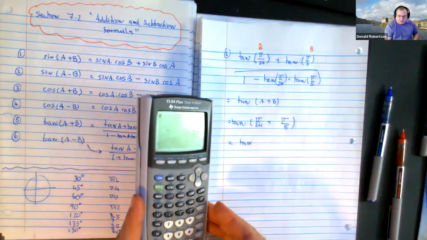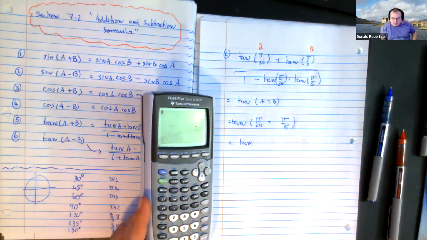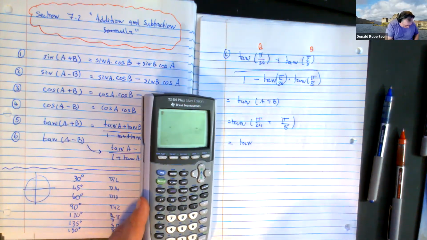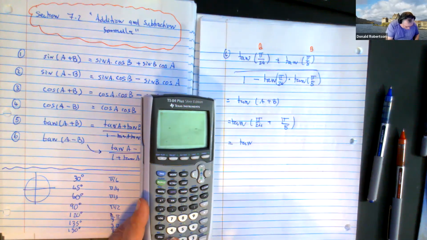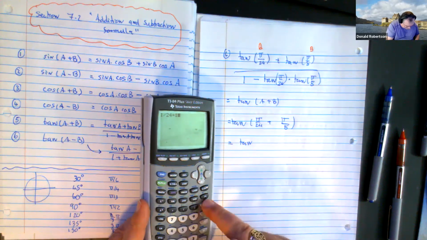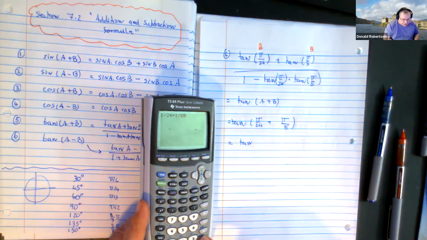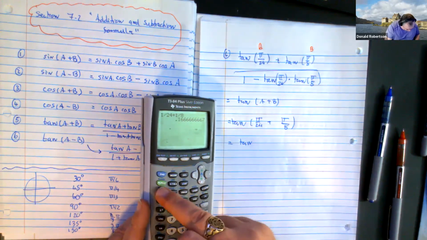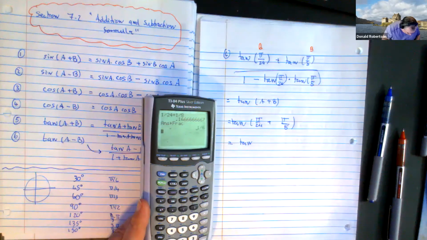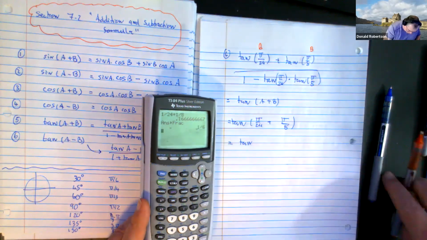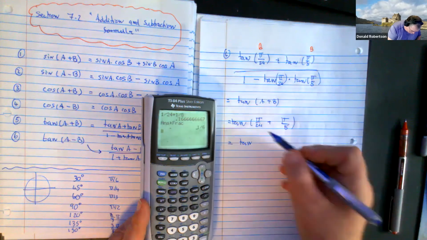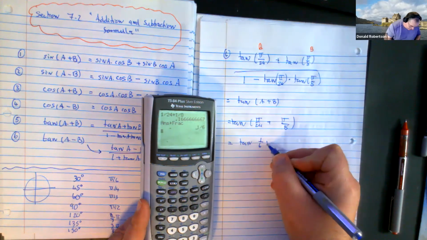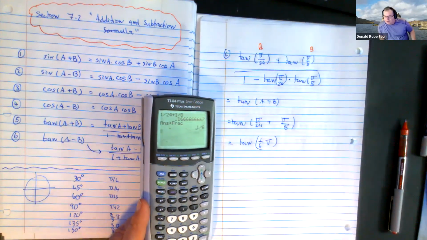Suppose you're adding ugly fractions of pi. Pi over 24 add pi upon 8. Forget about the pi for a minute and just do 1/24 plus 1/8. Then go math button, choice number 1, and the answer is 1/6. So you are going to get 1/6 pi. You see how we just let the calculator do all the hard stuff.